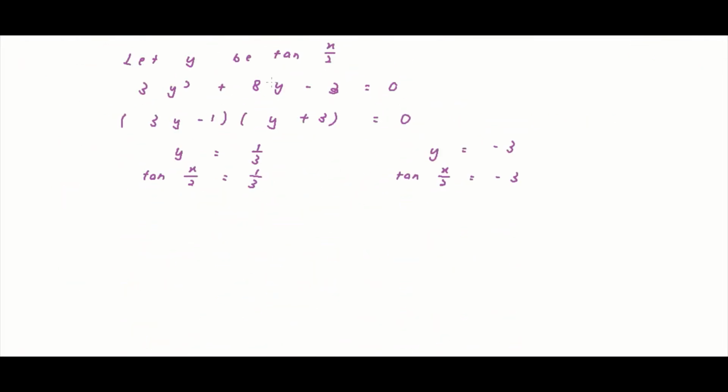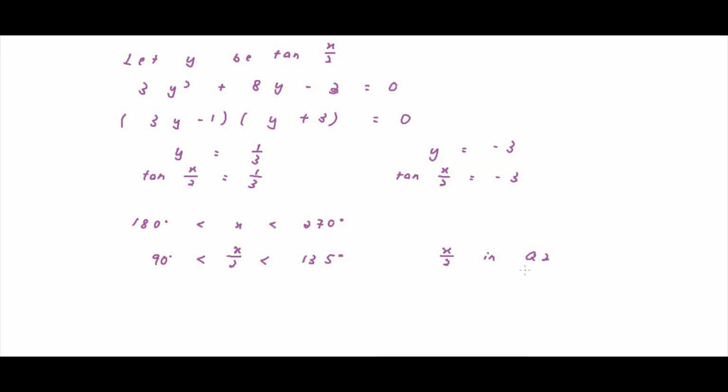So what we can try to do is x is in between 180 and 270, right? Now we are finding x over 2, so we can change it to 90 to 135. So divide by 2, divide by 2. So we know that x over 2 should be in quadrant 2, right? 90 to 135.